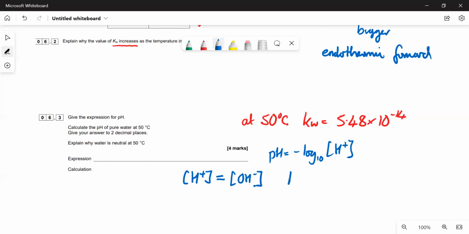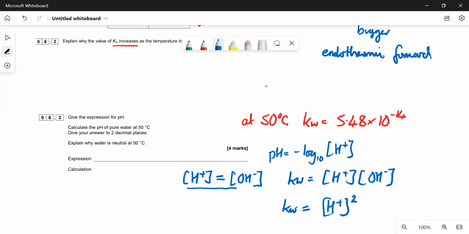And we also know that Kw is equal to the H plus concentration multiplied by the OH minus concentration. So because these two are equal to each other, if we substitute the value of OH minus in terms of H plus, Kw is equal to H plus squared. Right, so now we can find out the hydrogen ion concentration.